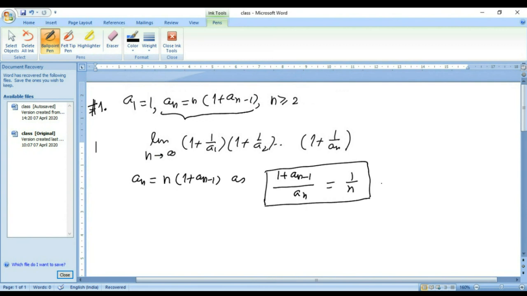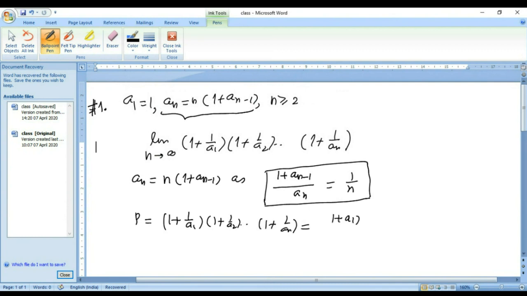So let's apply it. Let me call this P as 1 plus 1 over a1 times 1 plus 1 over a2 and so on up to 1 plus 1 over an. And I simplify a bit.